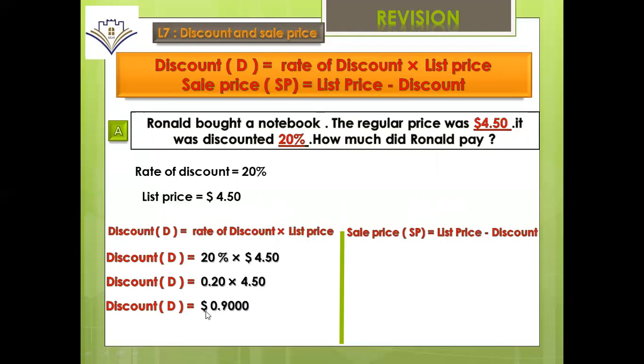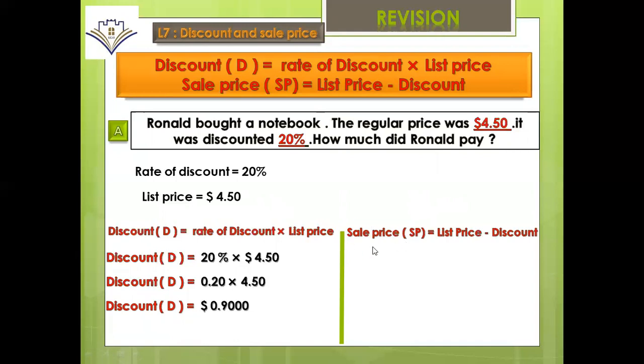So the answer is 0.9 dollar. We can say 0.9 or 9 tenths, or 90 hundredths, or 900 thousandths, or 9,000 ten-thousandths dollar.